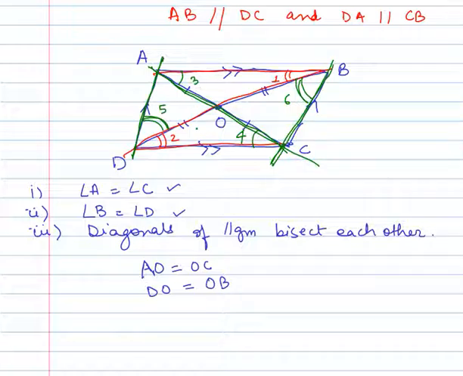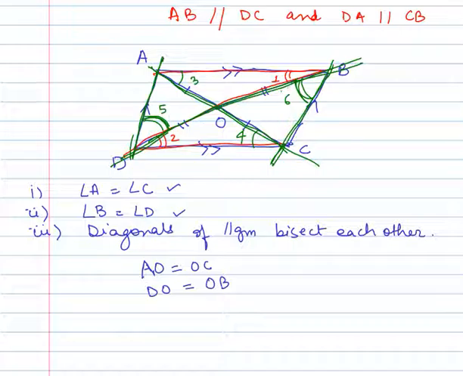So 5 and 6 are equal because AD is parallel to BC and DB is also acting as a transversal for AD and BC. Therefore, 5 and 6 are equal. They are again alternate angles.